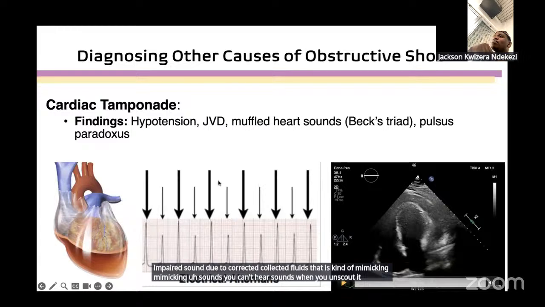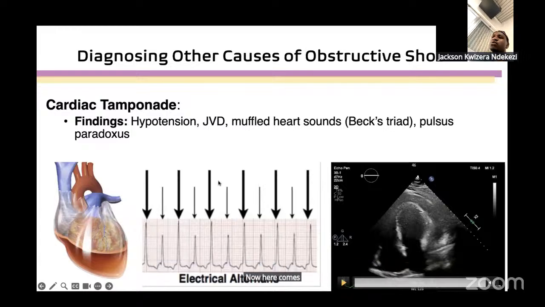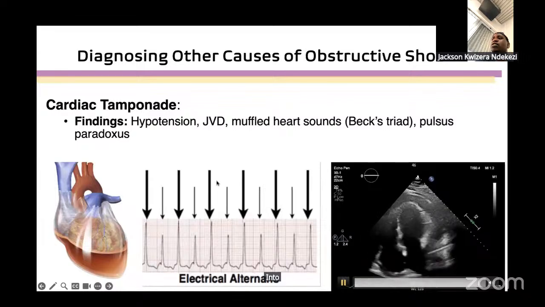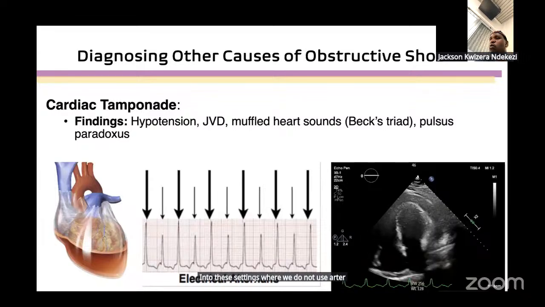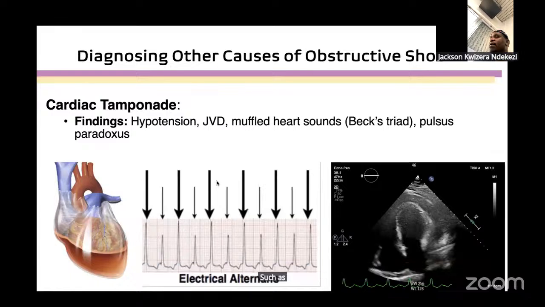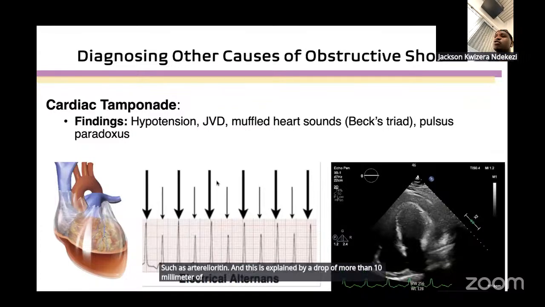Now here comes pulsus paradoxus, which is seen in settings where we use an arterial line. You may not know it, but this is currently most seen when we're using more invasive hemodynamic monitoring, such as an arterial line, and this is explained by a drop of more than 10 millimeters of mercury during inspiration.